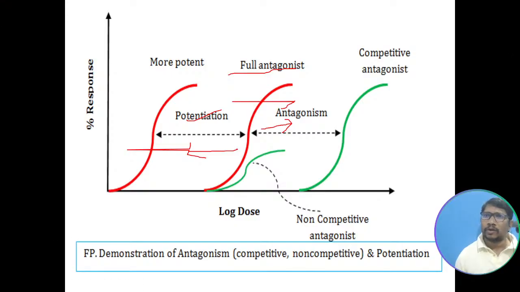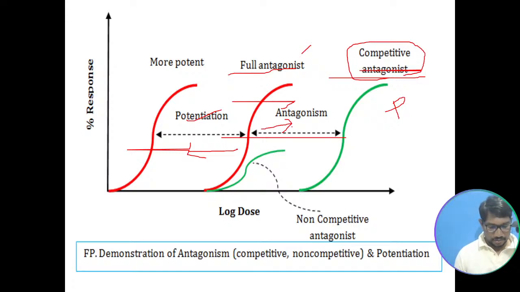Now if any other drug which has a structural similarity to the agonist, दूसरा कोई ड्रग है इसका स्ट्रक्चरल सिमिलरिटी एगोनिस्ट के साथ में है, and if that drug shifts the dose response curve towards the right side in a parallel manner, so competitive antagonist will shift a log dose versus response curve towards the right side in a parallel way, known as a competitive antagonist.